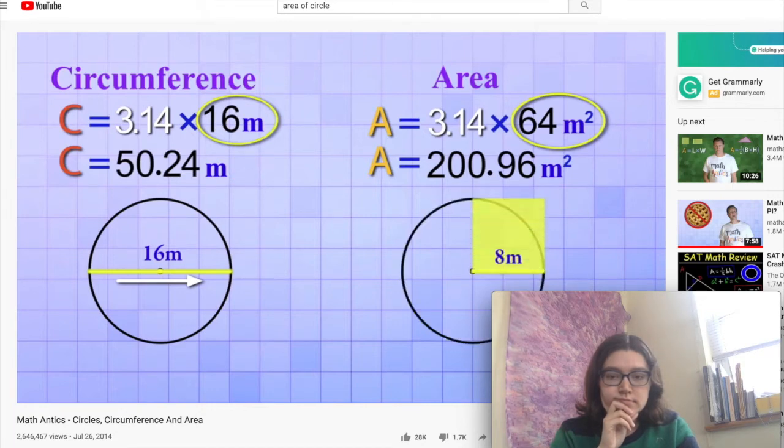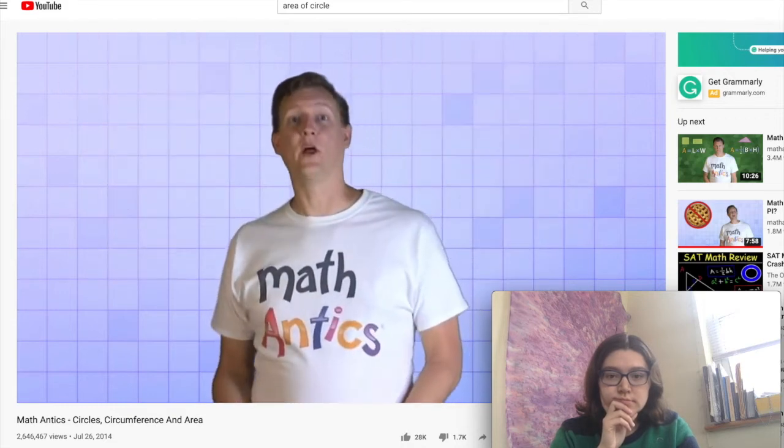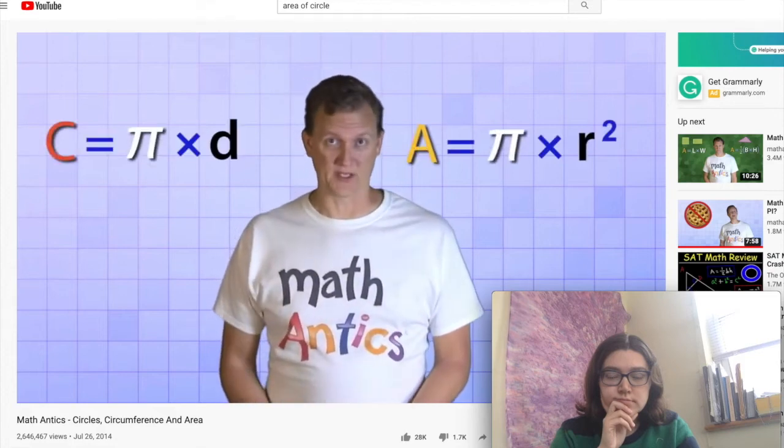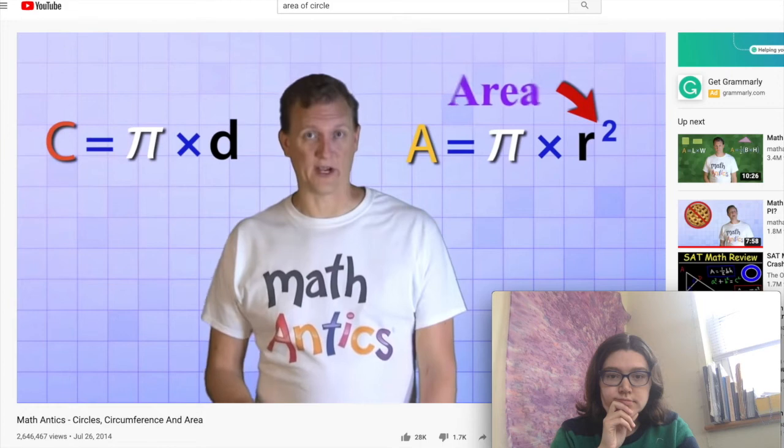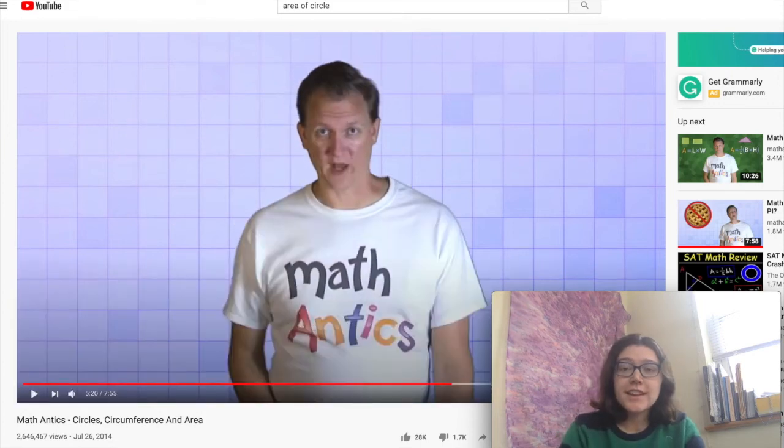But when we square the radius, that gives us square units, which are two-dimensional. That makes sense because area is always a two-dimensional quantity. Remembering that will help you avoid getting these two formulas mixed up. The one that has the radius squared is always for area. So that's the area formula, and you see how it compares and contrasts to the circumference formula.